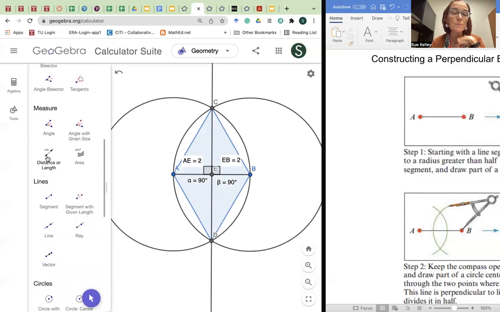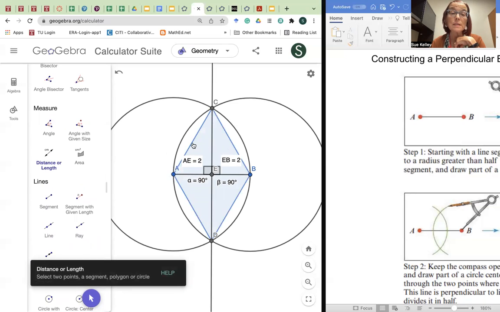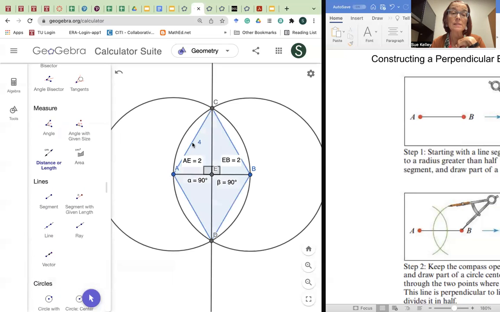Again, if you don't believe me, I'm going to measure the distance. I'm going to measure the distance from A to C, which is 4, C to B, 4 again, B to D, also 4, and D to A is also 4. So all the sides are the same length. They have perpendicular bisectors for the diagonals. That is the definition of a rhombus.